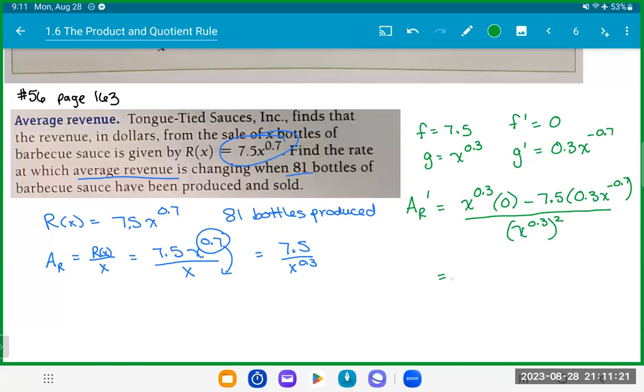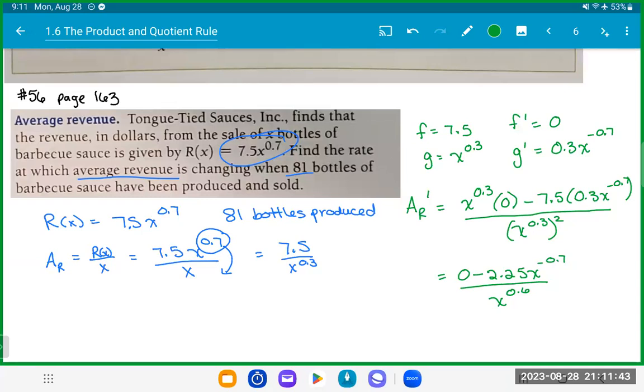And this is going to simplify to 0 minus 2.25x to the negative 0.7, divided by x to the 0.6, because 0.3 times 2 gives us the 0.6.